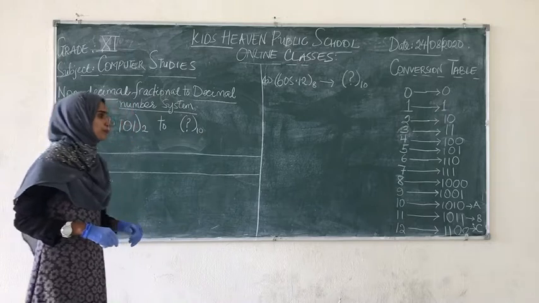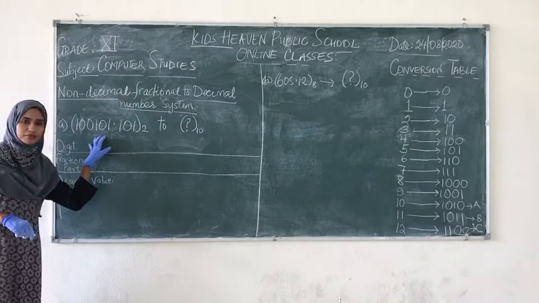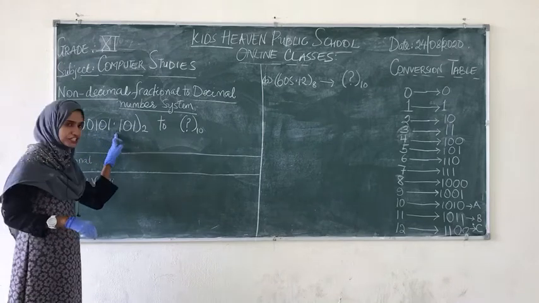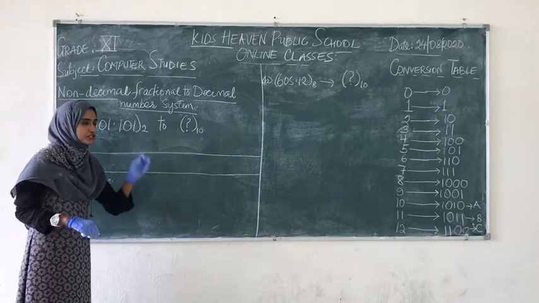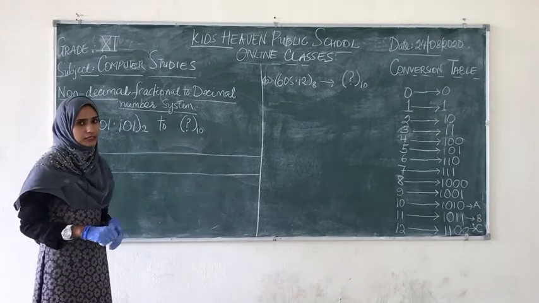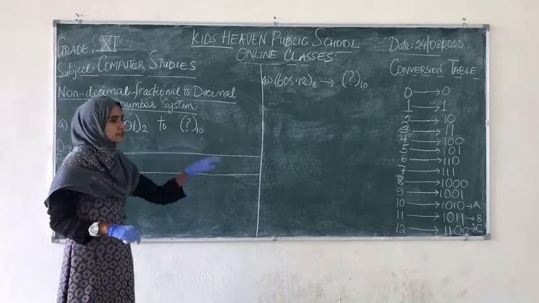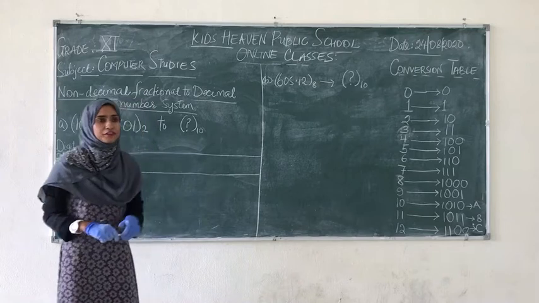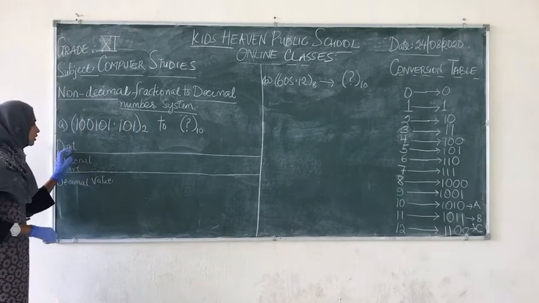Watch out. We have this number 100101 in base 2. This is a binary number and we have to convert this to a decimal number, which is in base 10. The first thing we do, we write down the digits.